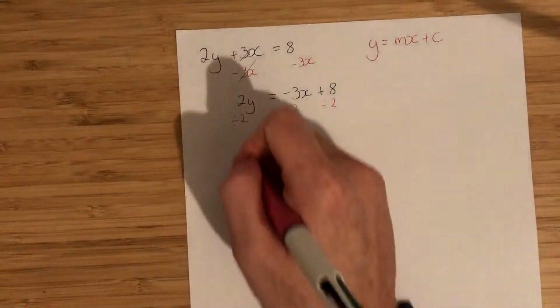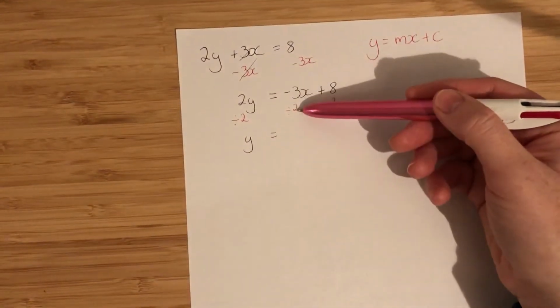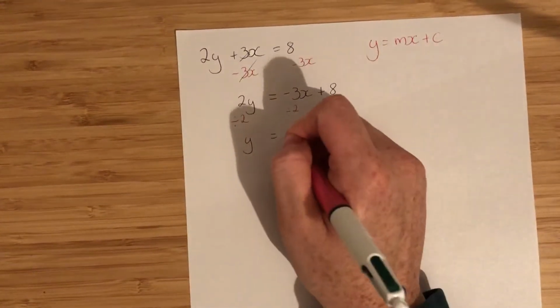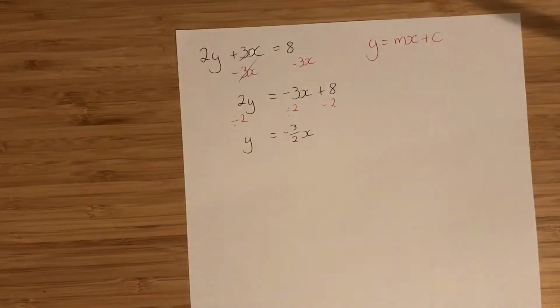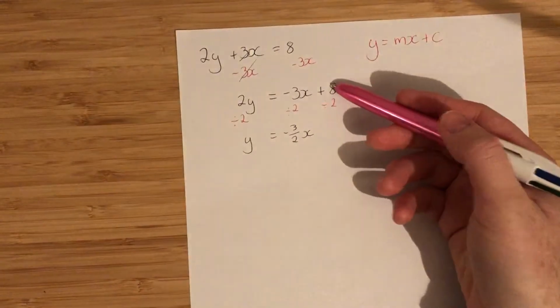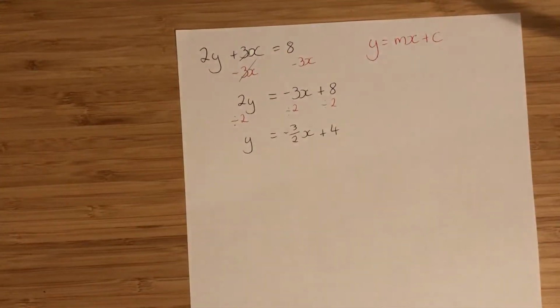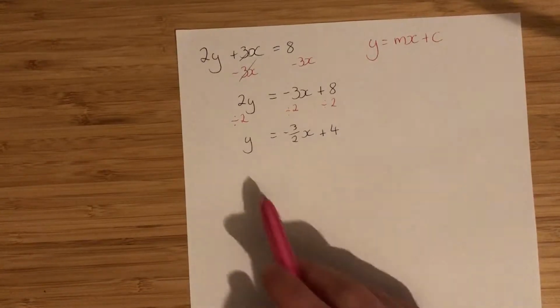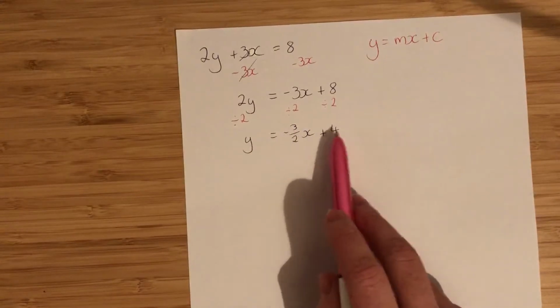2y divided by 2 is just y equals negative 3 over 2 x, and it's fine just to leave it as the fraction. 8 divided by 2 is just plus 4. Okay, now we've got it in the form that we're looking for: y equals a number times x, which is your gradient, plus c.